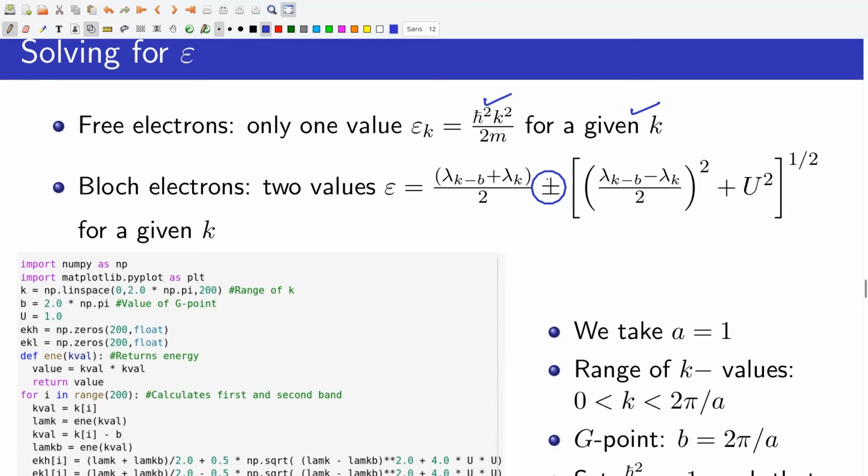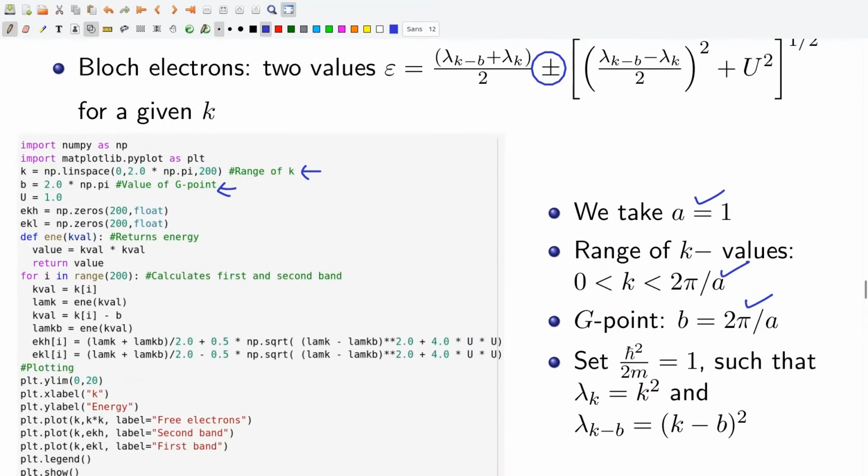We are going to plot energy values for k ranging from 0 to 2 pi by a. Note that we take a equal to 1. The range of k values is defined here in the code. The G point is taken to be 2 pi by a, which is defined here in the code. We set h cross square by 2m equal to 1 such that lambda_k is equal to k square and lambda(k minus b) is equal to (k minus b) whole square.